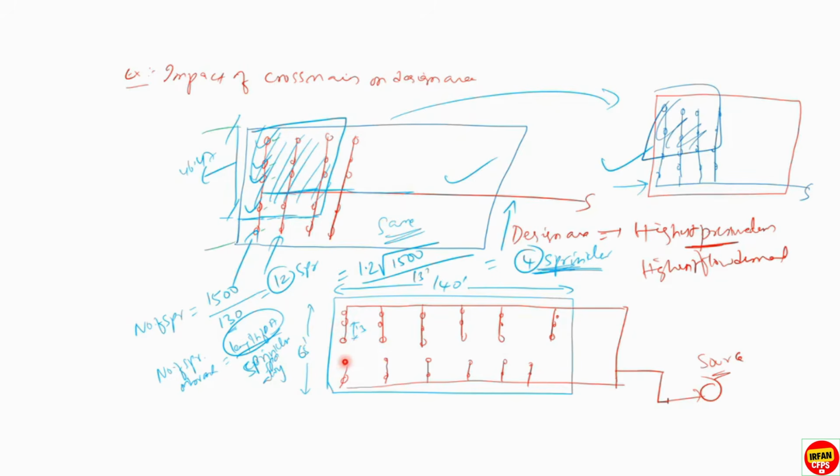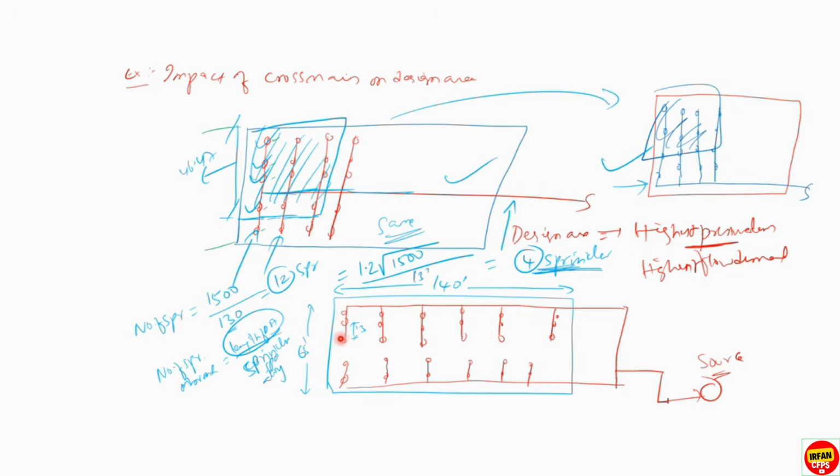So what you will do, you'll consider this sprinkler. You cannot consider in this way. If you are having 2 different cross mains, you need to consider any one cross main. But obviously, this cross main has 3 sprinklers and this cross main has only 2 sprinklers, right? So obviously, this will be the remotest sprinkler. So these 3 sprinklers will be considered. We will not consider 4 here, even though the formula says we need to consider 4 sprinklers on each branch line, because there are no sprinklers connected to this branch line.